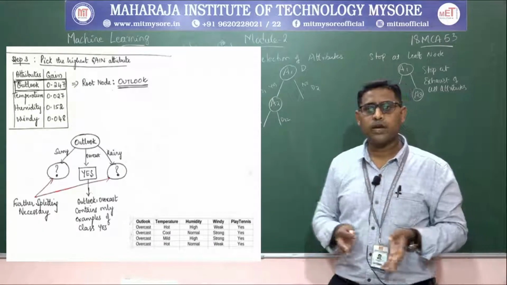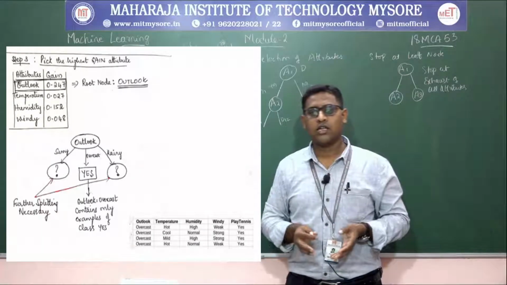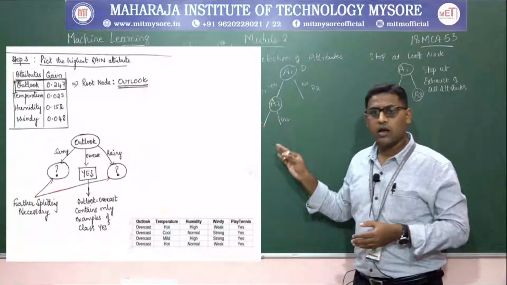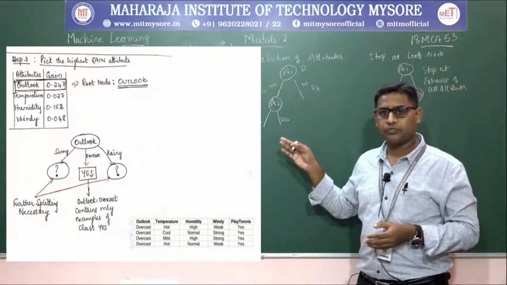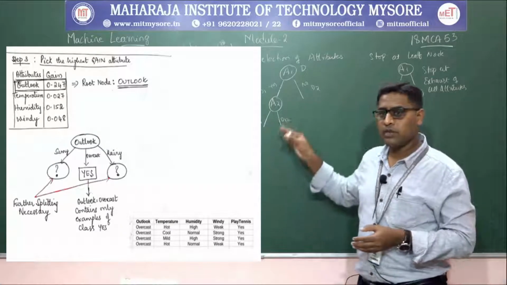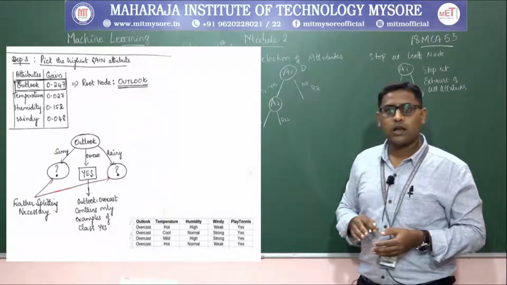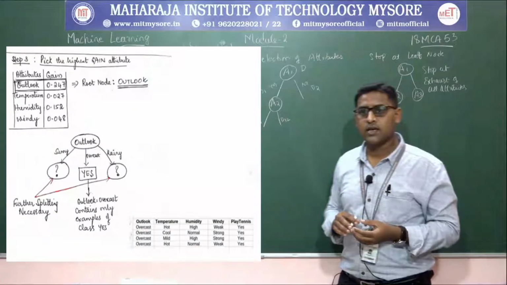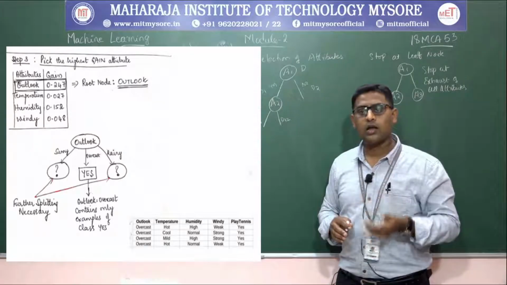Again we need to split from outlook, and we need to cross-check whether further splitting is necessary or not. For outlook, overcast will be yes, because the entropy for overcast is 0, meaning all are equal.